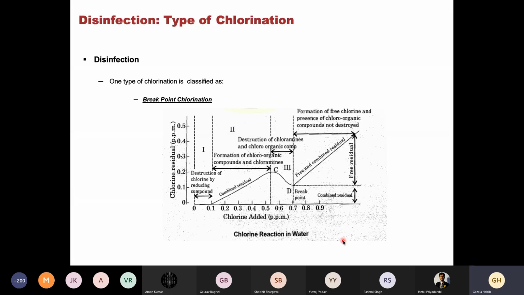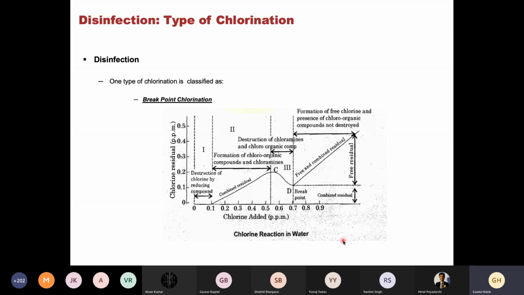Then further, at a certain point C, the organic compounds start oxidizing by chlorine. They will be oxidized by chlorine, and it will leave a very bad smell in the water. After all organic compounds are oxidized, it will consume the chlorine drastically.